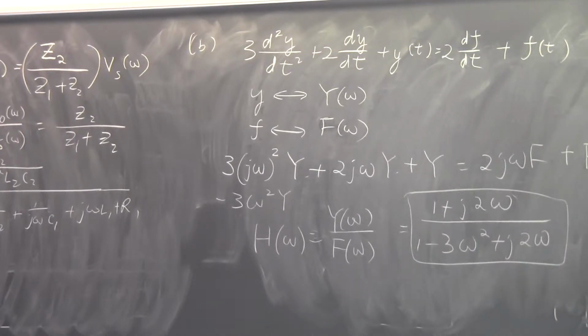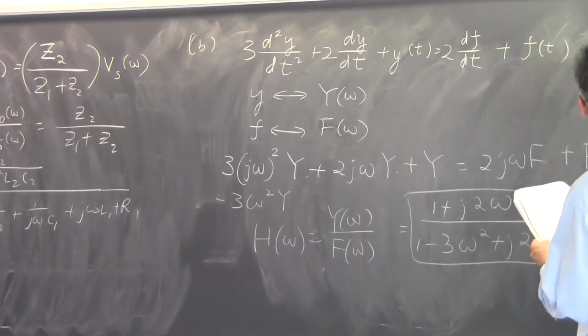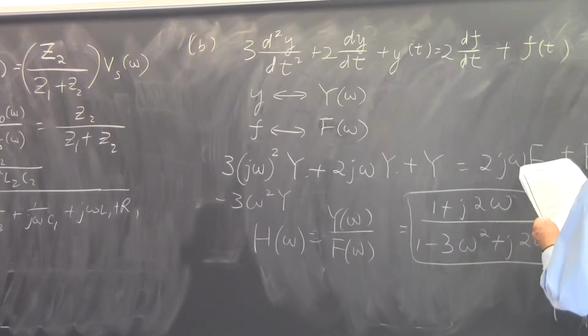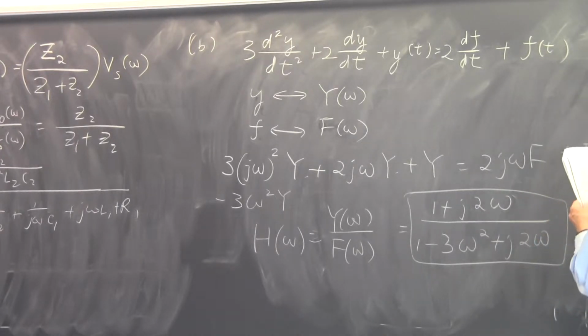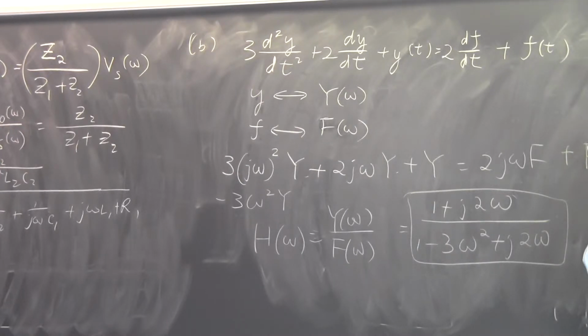And then part C, you're given that f of t is equal to 2 cosine of omega 1 t plus sine of omega 2 t plus theta 2.